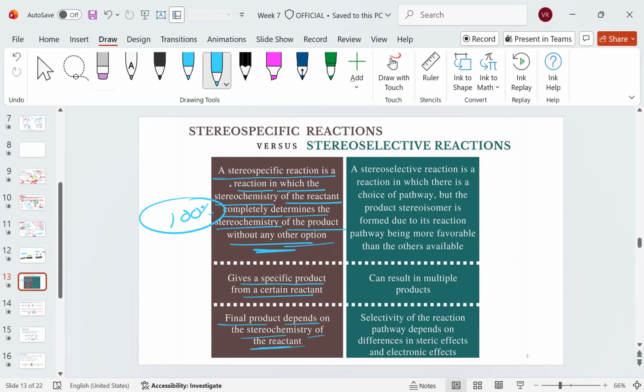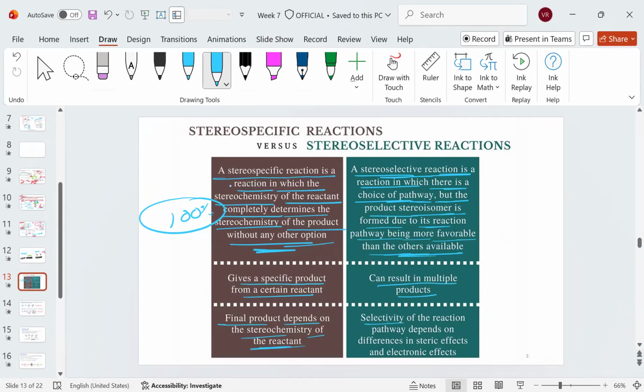But what about the stereoselective reaction? Stereoselective reactions are reactions in which there is a choice of pathway, as I have shown earlier, but the product stereoisomer is formed due to its reaction pathway being more favorable than the other, one product being more favorable than the other product. Also, it can result in multiple products.